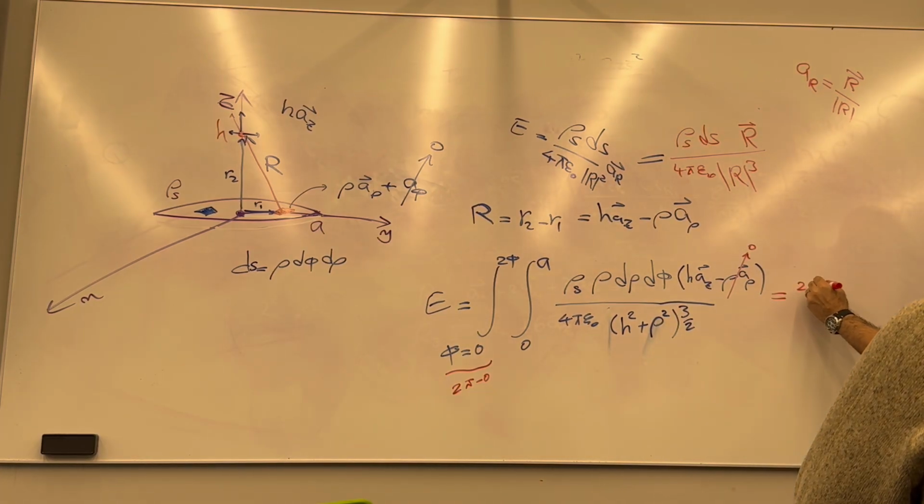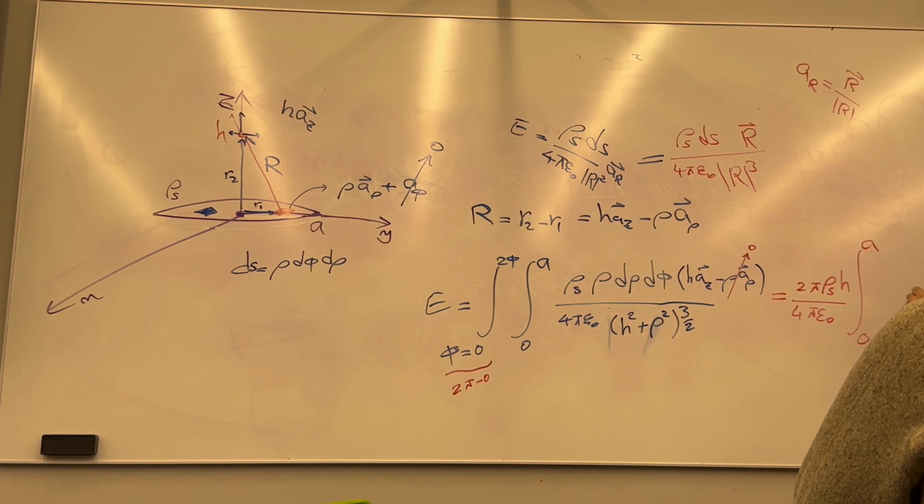It's going to be 2 pi rho s h over 4 pi epsilon 0. The only integral is 0 to a. It's going to be rho d rho. Of course, I can take a z out as well. The rest is h squared plus rho squared to the 3 over 2.